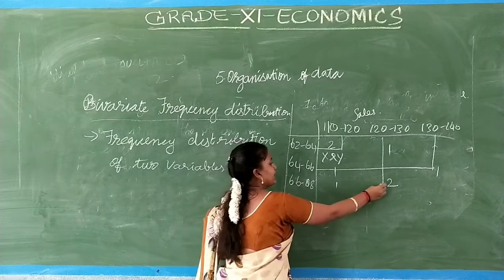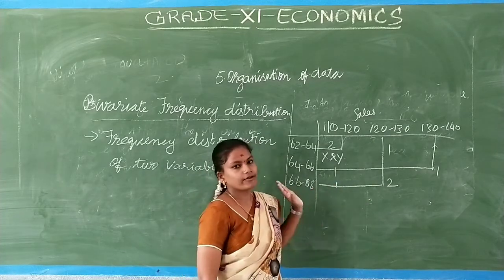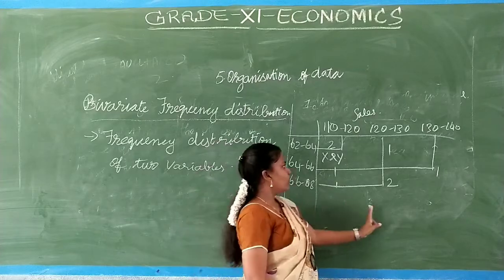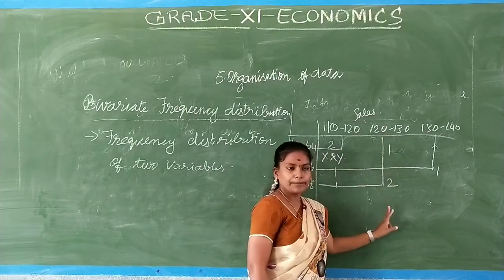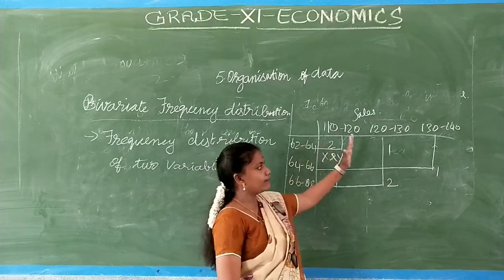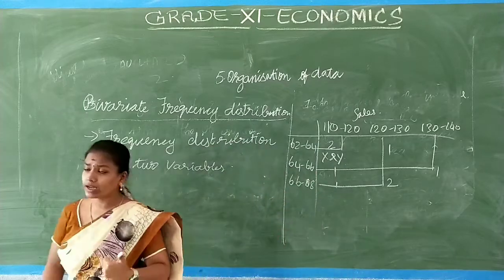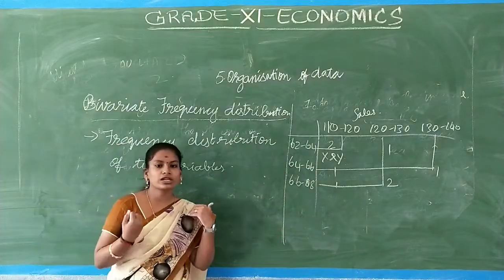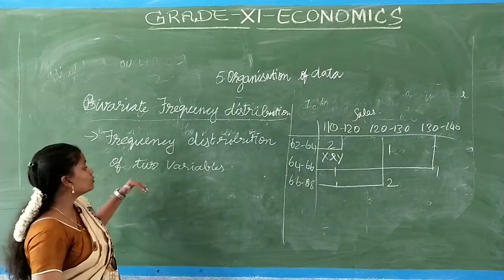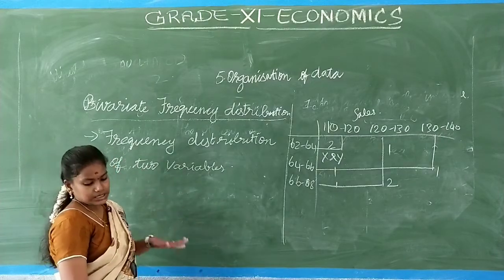Whereas horizontally it means 66 to 68 thousands of advertisement expenditure. So both these companies have incurred this much of expenditure and they have sold this much of value. This bivariate frequency distribution helps you to study two different variables using one particular frequency distribution.